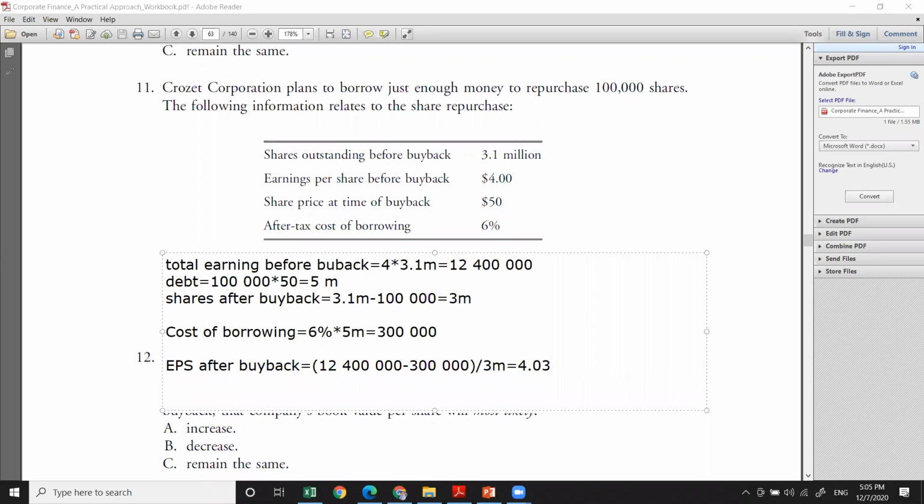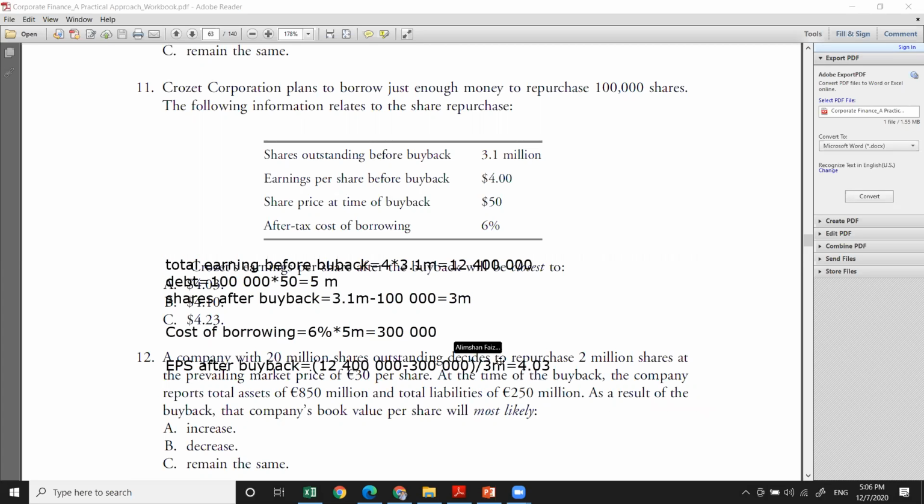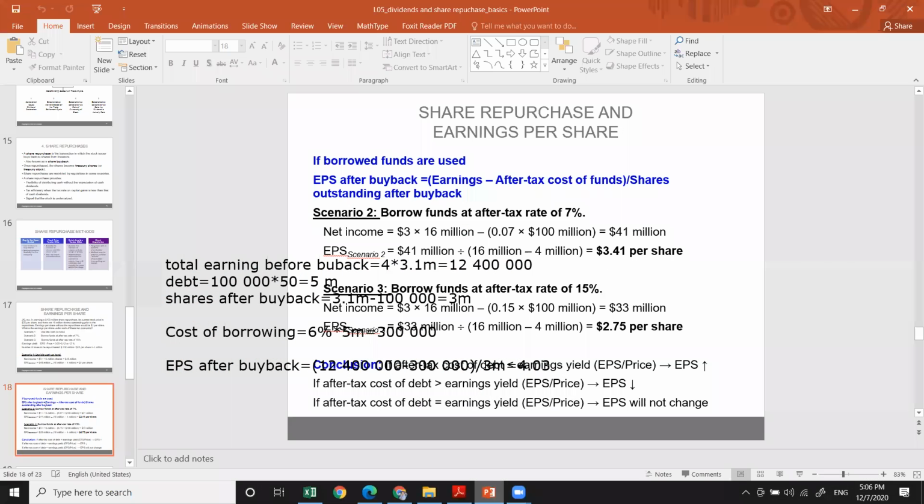If you want to compare what will be the earnings per share in here, before the buyback it was $4, and after the buyback it is 4.03. But before answering whether it will increase the EPS or decrease, you can just refer to the slides where the rules are written.